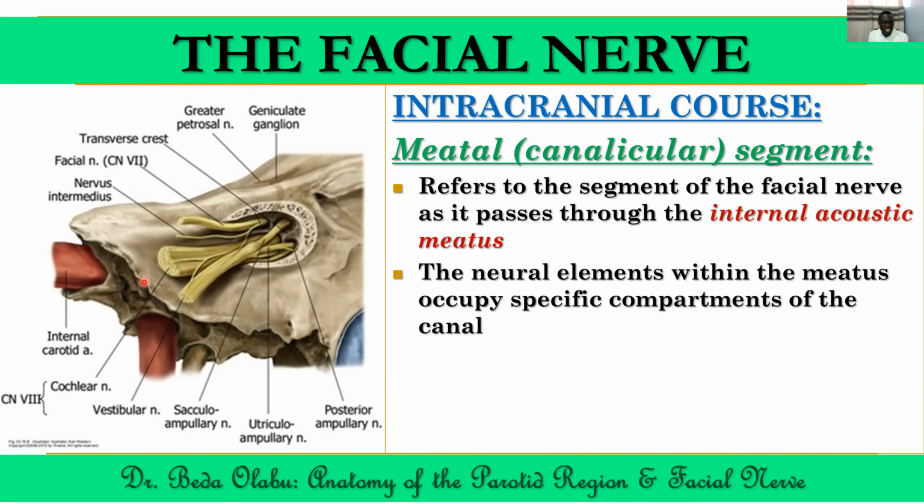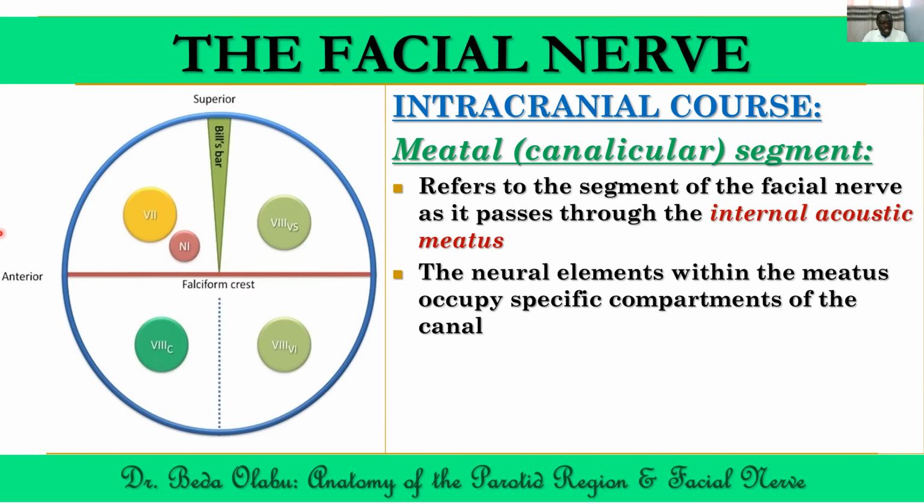So the neural elements that go through the internal auditory meatus tend to occupy specific compartments of the meatus, especially as they move towards the lateral aspect of the canal, towards the ear. At this point, the nervus intermedius has already united with the facial nerve proper, and so it's just one big thing.